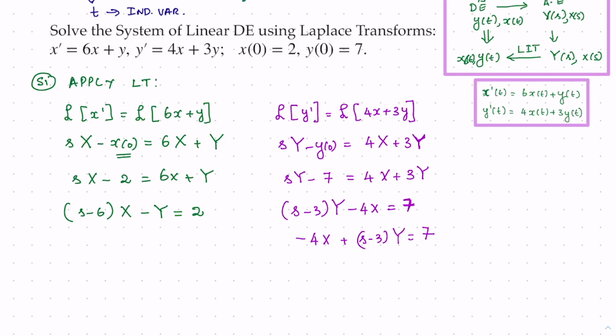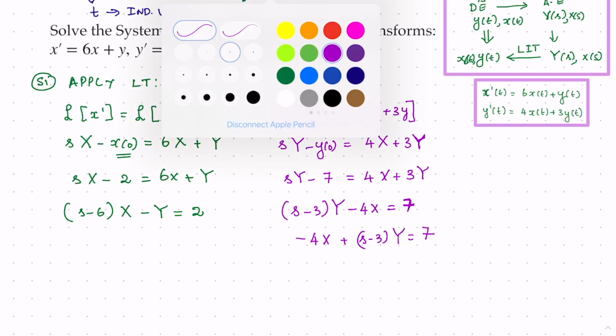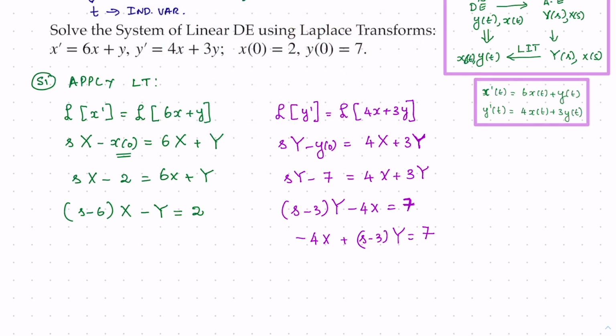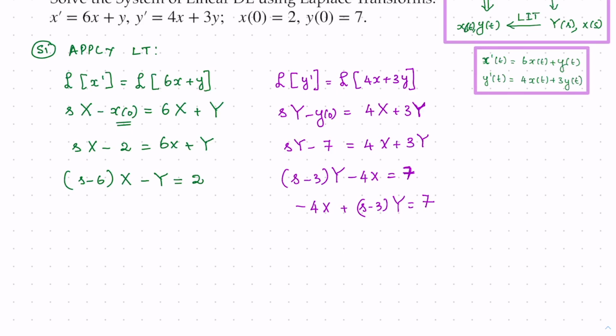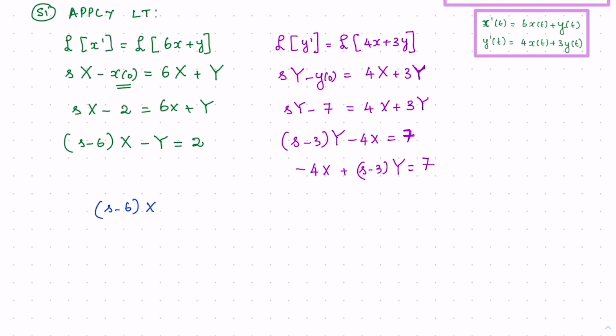So to do that, I'm going to write them down together so that you can kind of see what I mean by that. Let me group them in the way that it is x and y in that order. So this would be s minus 6 cap X minus Y is equal to 2.